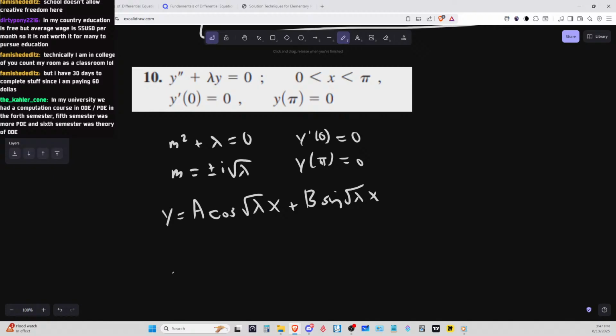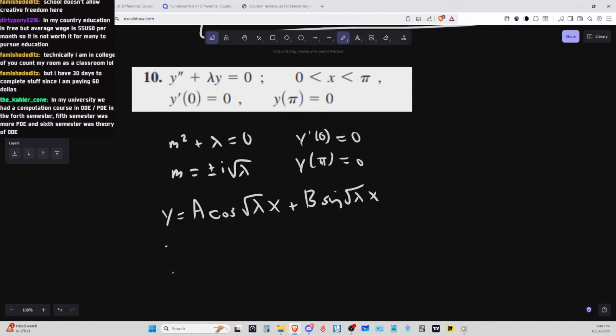But I have 30 days to complete stuff since I'm paying $60. In my universities, we have computational course ODEs and PDEs in the 4th semester. 5th semester is more PDE, and 6th semester is theory of ODEs. Oh, okay. I think it depends on the school. Yeah, it depends on the school.